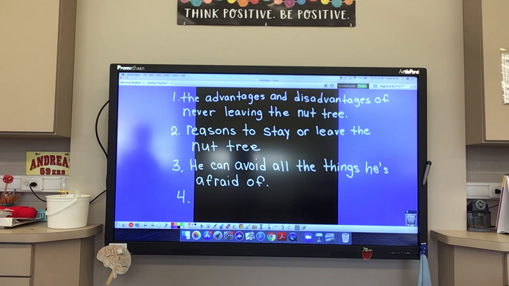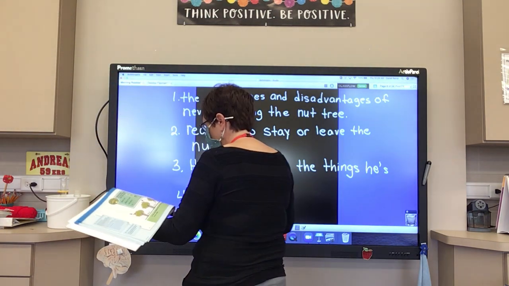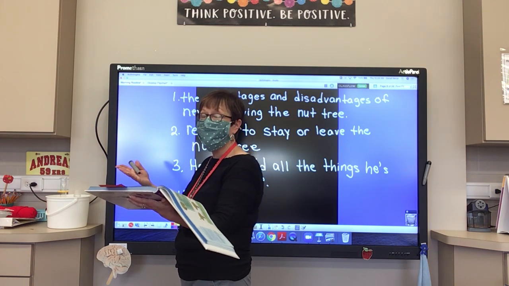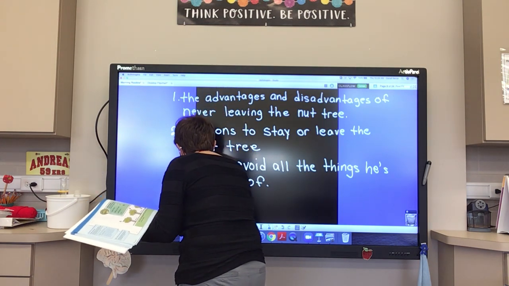So it feels safe. So let's say the nut tree is exactly the same, so the nut tree never changes.